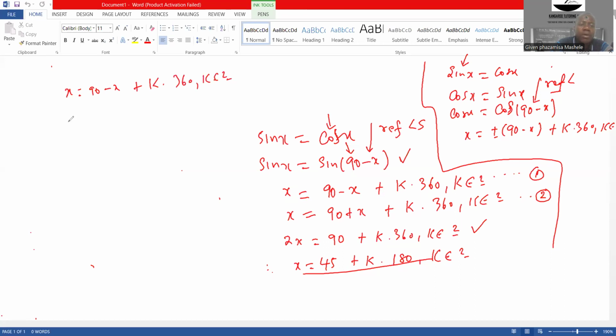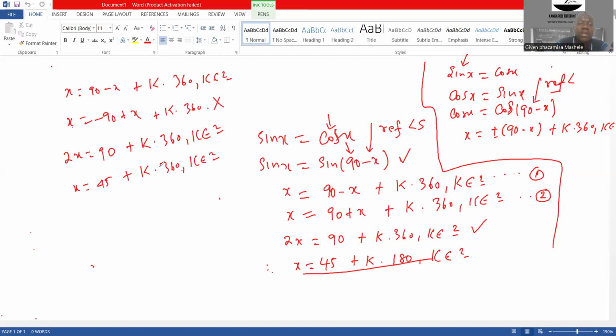Then we multiply by negative, so it will be negative 90 plus x plus k times 360. You see that even if we transpose this, x minus x will still be 0, so it will not give us a solution. But the first one, when we transpose, gives 2x equals 90 plus k times 360. Then we can divide everything by 2. So x becomes 45 plus k times 180, because it's also affecting the period.